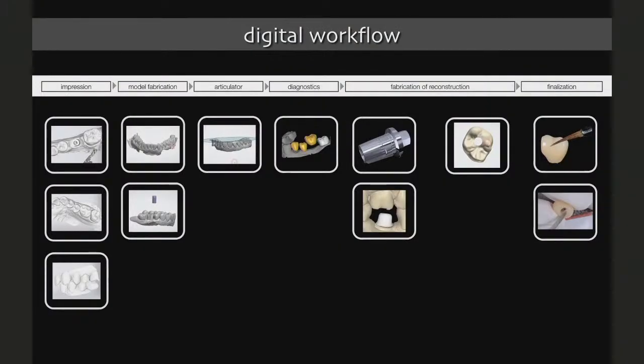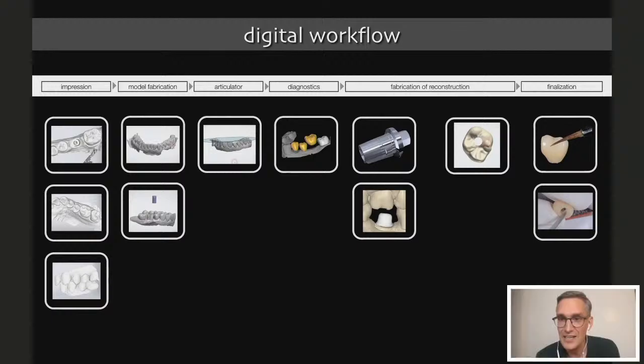Because we always start with an intraoral scan, and then also the dental technician has to use computer-aided software in order to be able to design an implant model. And then he could also put these two models into a virtual articulator. Then in the digital workflow, it's much easier to copy the diagnostic work that was done at the beginning.